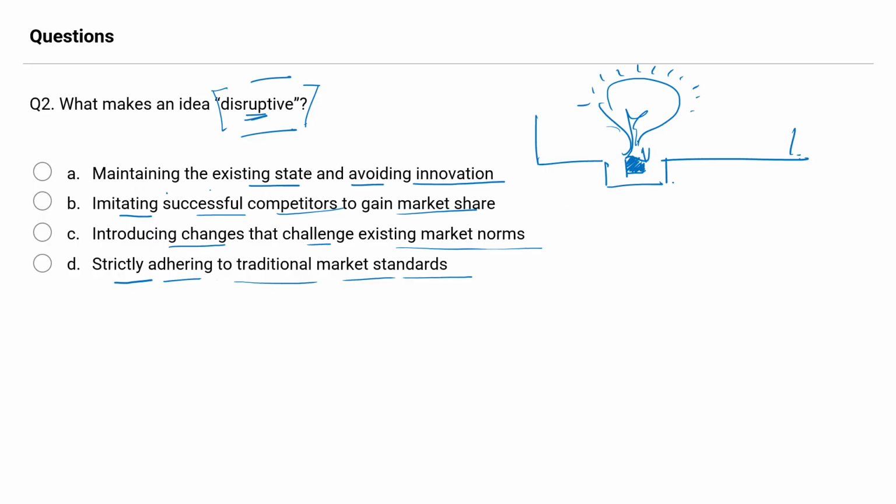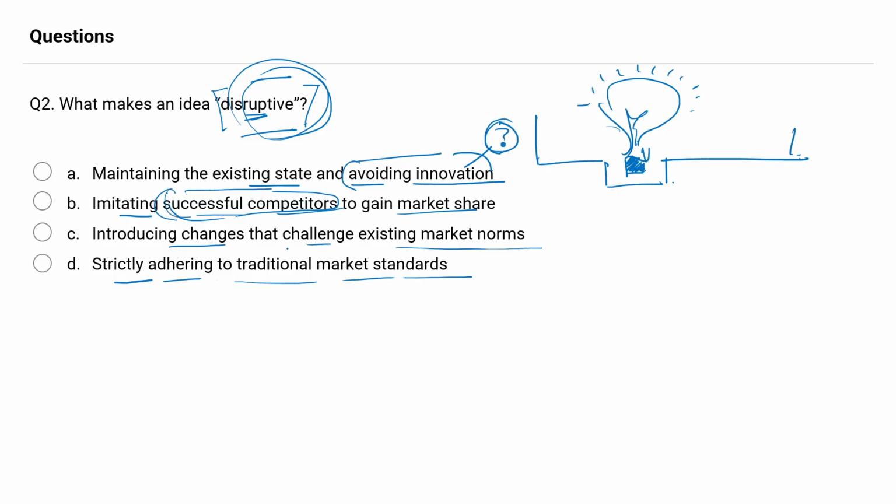Options are: maintaining the existing state and avoiding innovation. Obviously, why would you avoid innovation? The intent of having innovation is to disrupt. We want to innovate in order to disrupt the current ecosystem. Next is imitating successful competitors to gain market share, which means you are trying to mimic what successful competitors are doing.